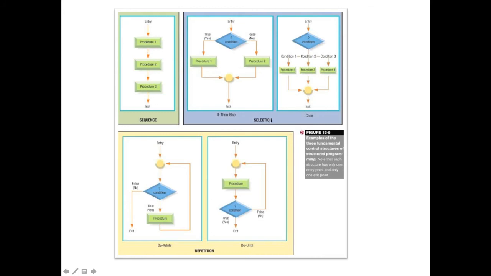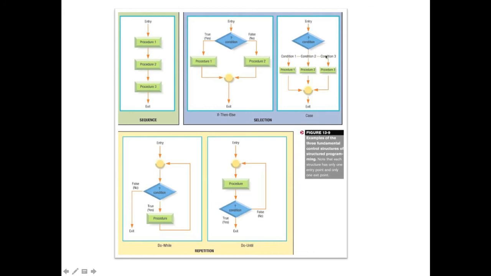Then here is a selection. If it's binary selection, usually you just use if else, or you can stack up multiple if else statements together to make multiple selections. But a quick way is just to use case. So case will usually allow you to judge on 3 or more conditions.